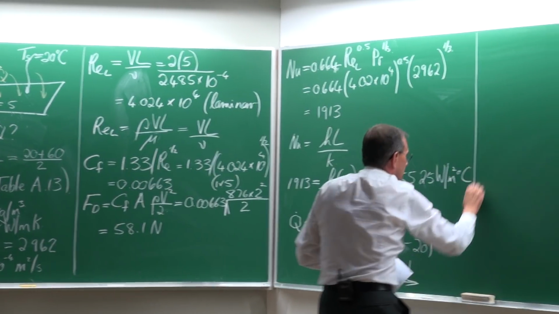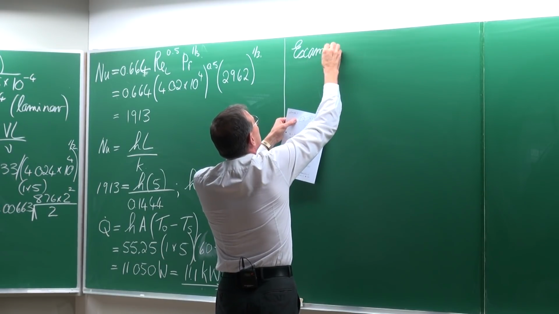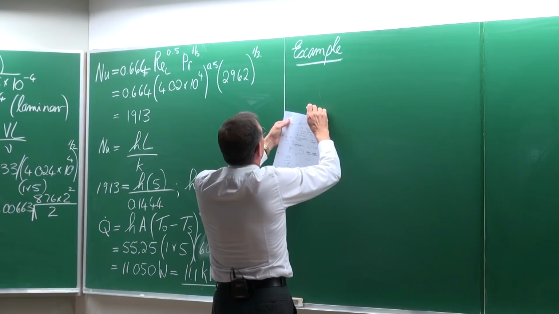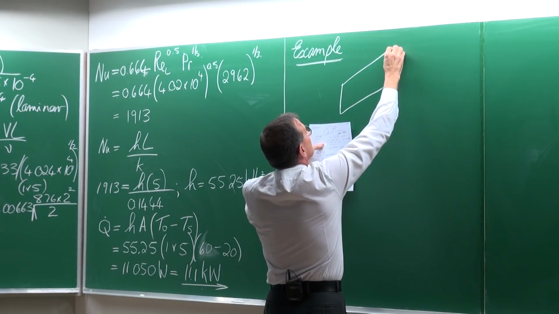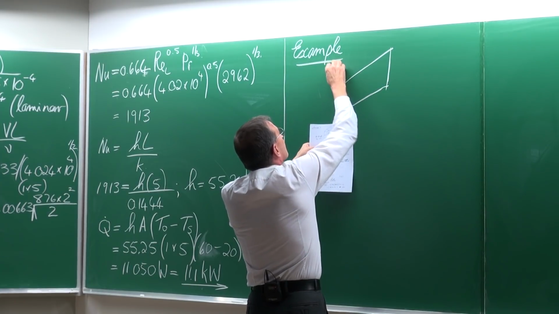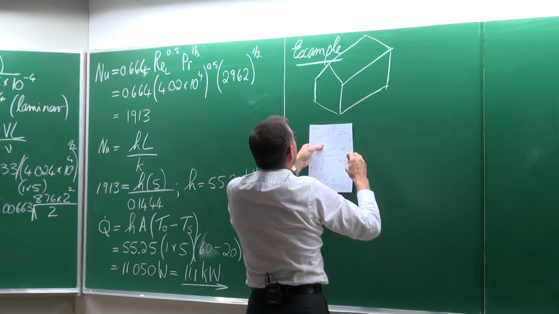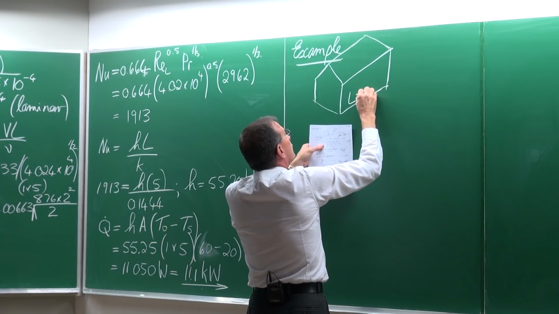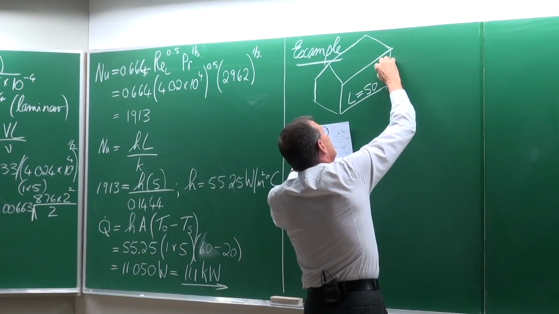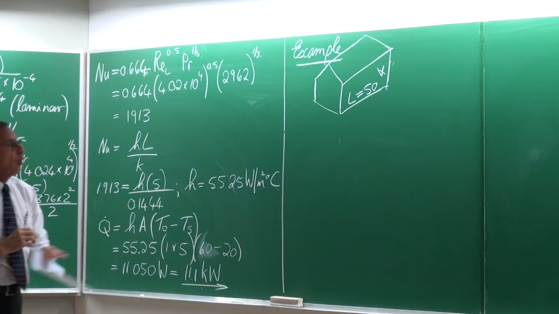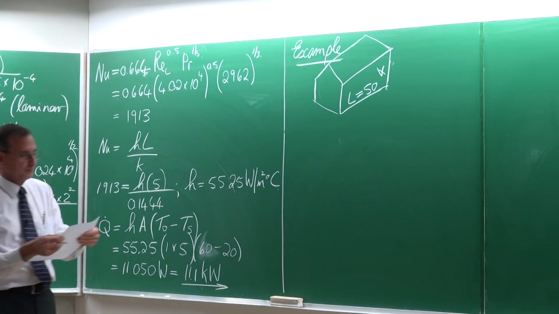And in this problem, we are going to look at a house or a building. There it is, and the length of this wall is 50 meters, and the height is 4 meters.